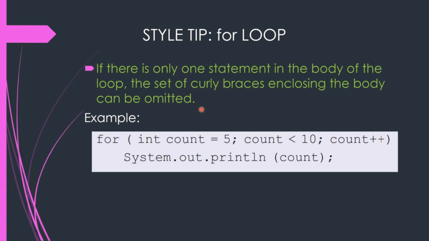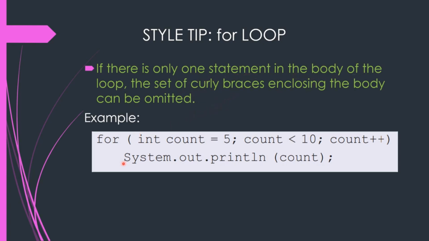As we also discussed this style tip in our previous loops and statements, if there is only one statement in the body of the loop, then we can optionally use the set of curly braces, means we can either use or not use. It's up to us because it is not necessary to provide the set of curly braces when you have only one statement in the body of the loop.